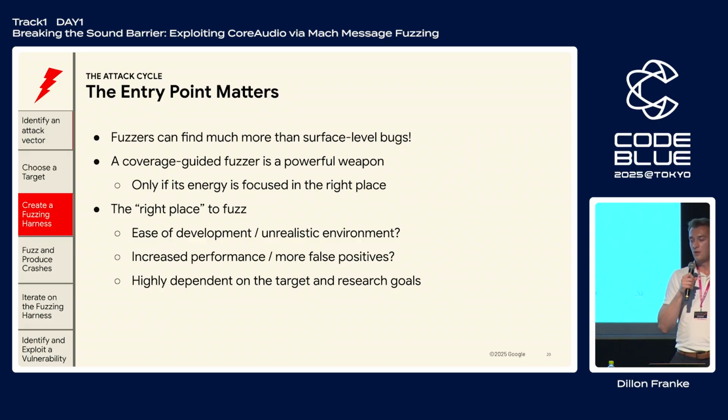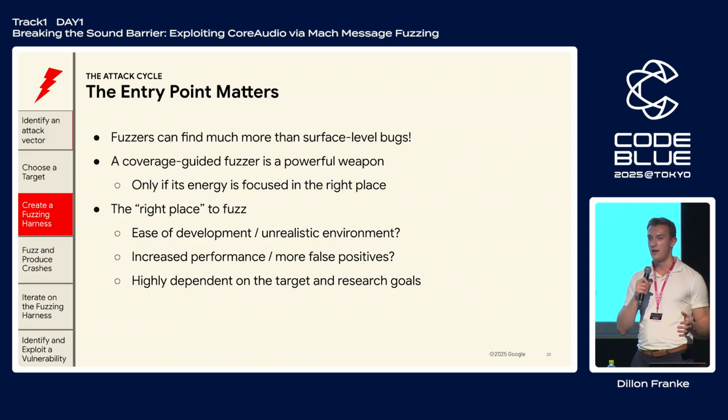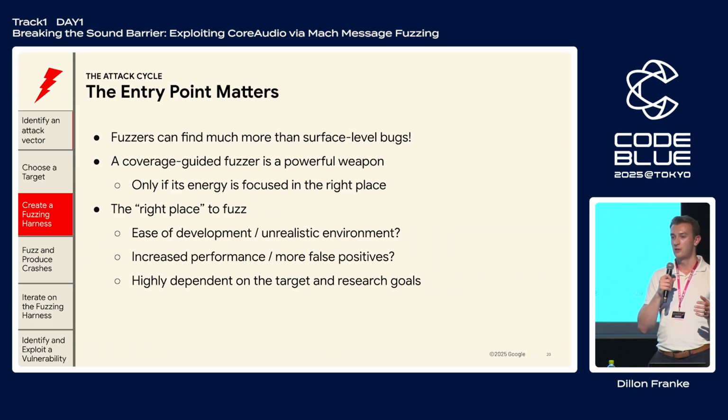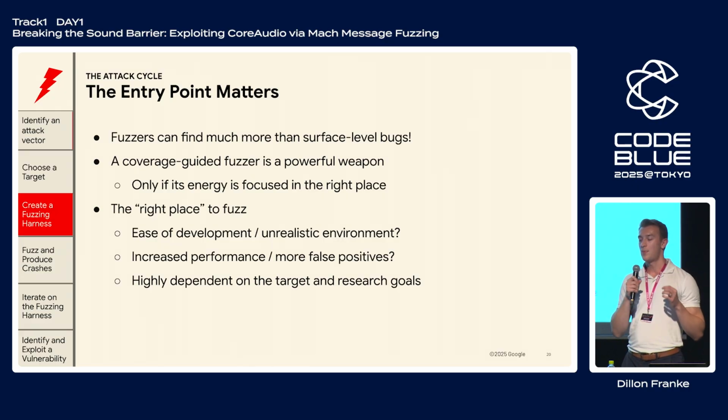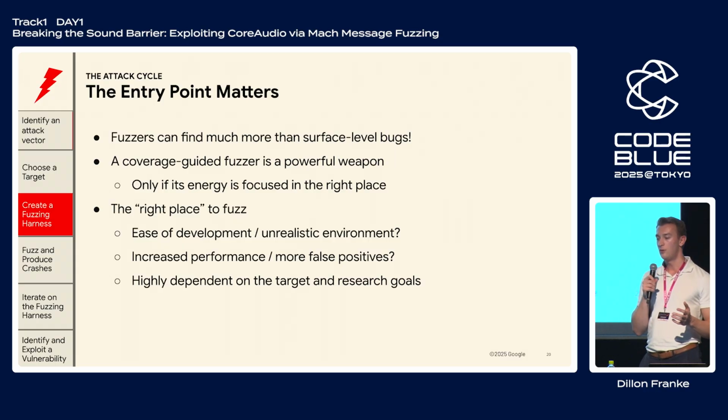We have these things called coverage-guided fuzzers that retrieve feedback from the fuzzer as it runs and look at where the fuzzer is actually exploring in the code. And they can see when if conditions are actually being properly passed. But this is only going to be powerful if the energy is focused in the right place.